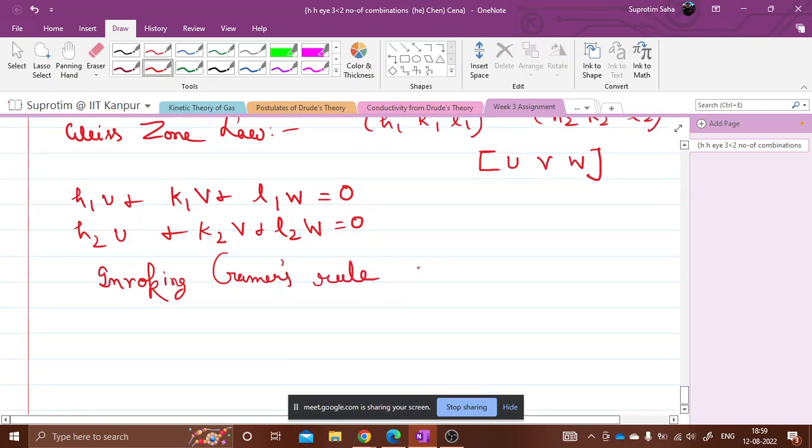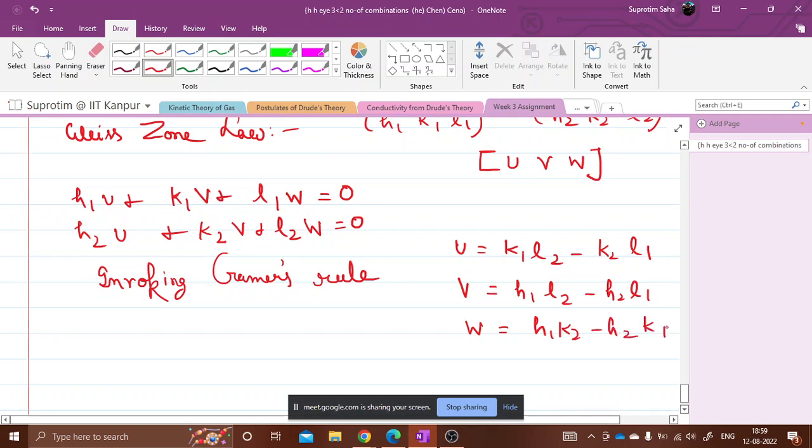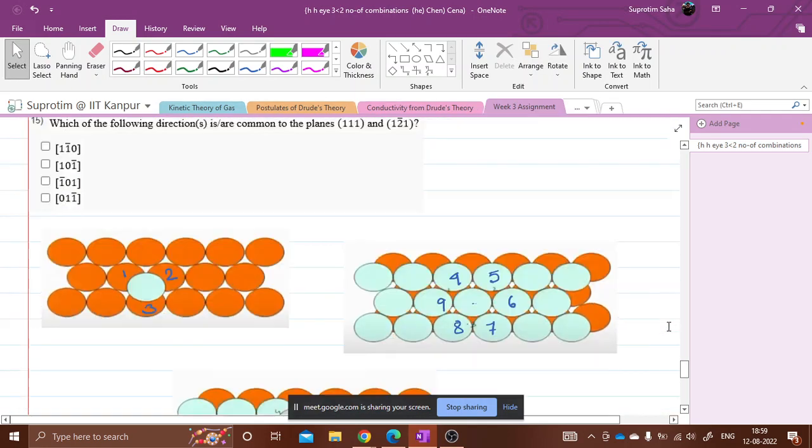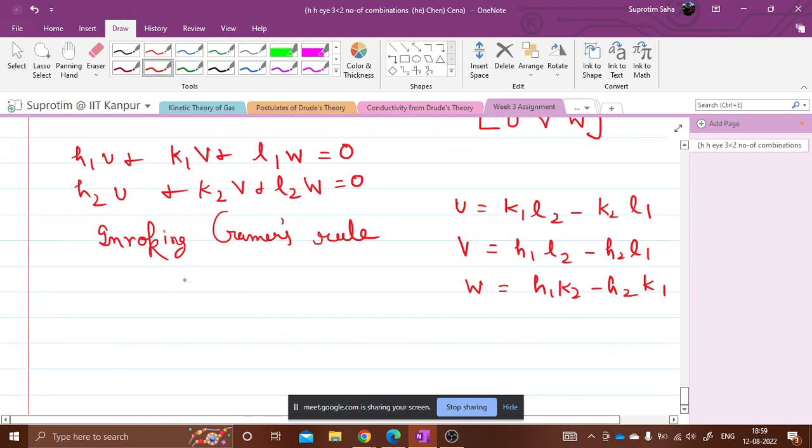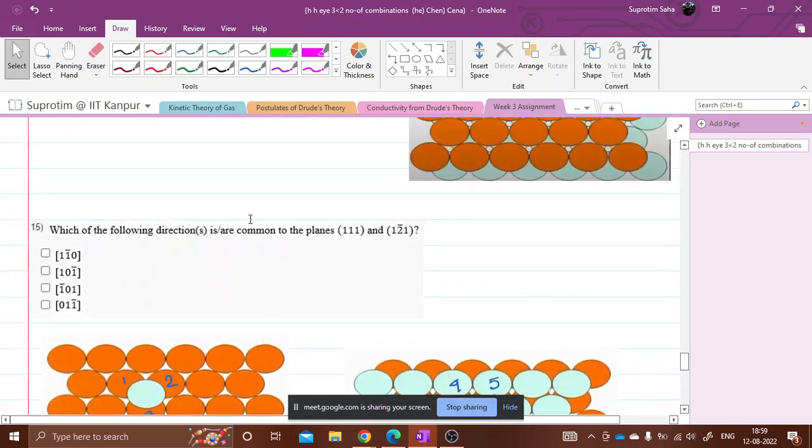So U is K1 L2 minus K2 L1, V is H1 L2 minus H2 L1, and W is H1 K2 minus H2 K1. And the planes are given as 1 1 1, and 1 1 bar 1.